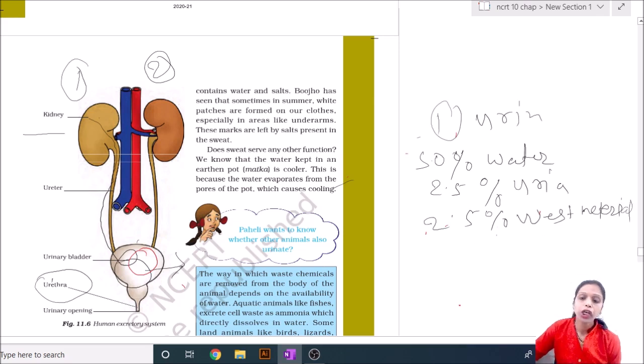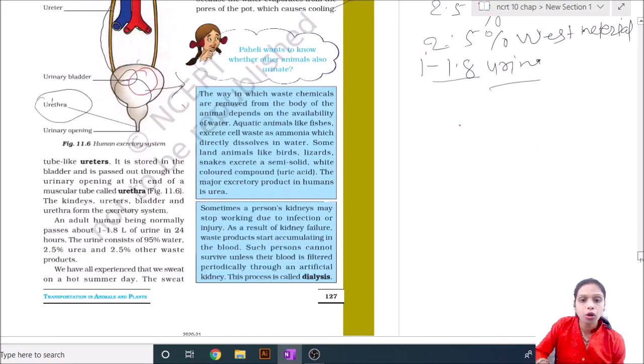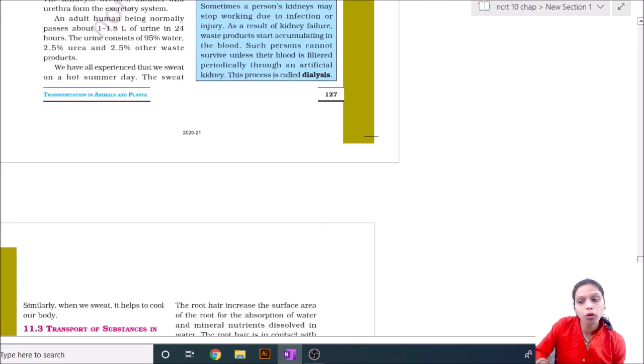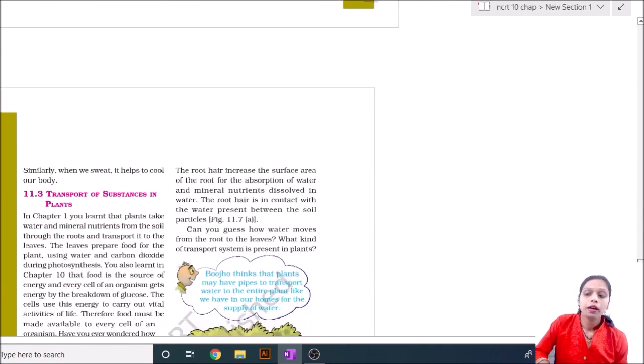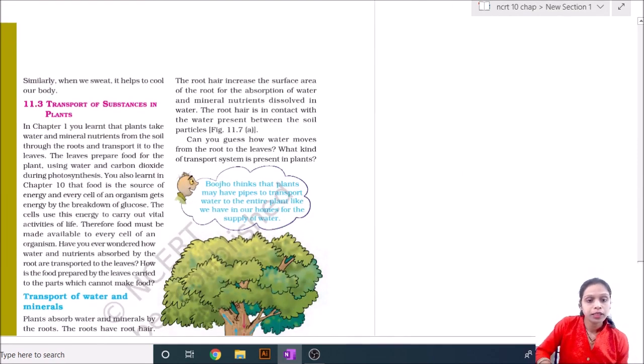A normal human throws out 1 to 1.8 liters of urine every 24 hours. That is the whole thing about how the excretory system works in our body.